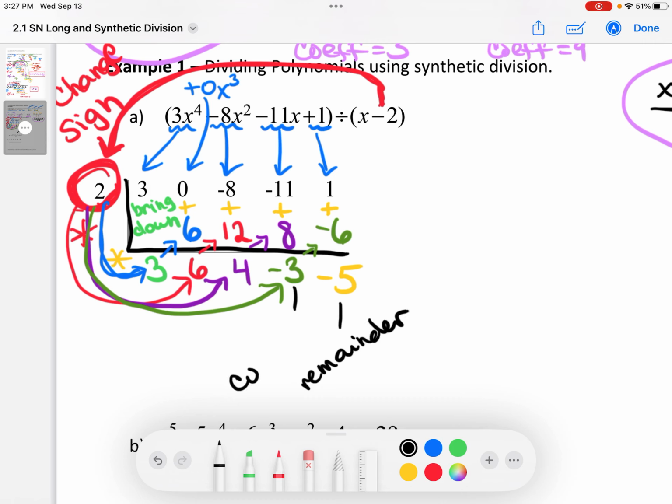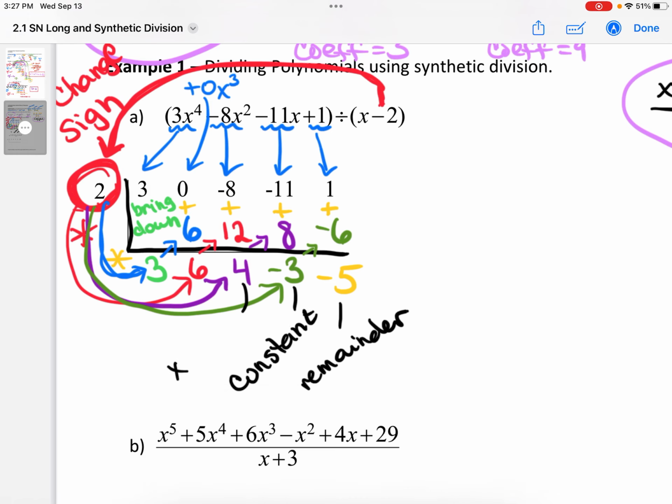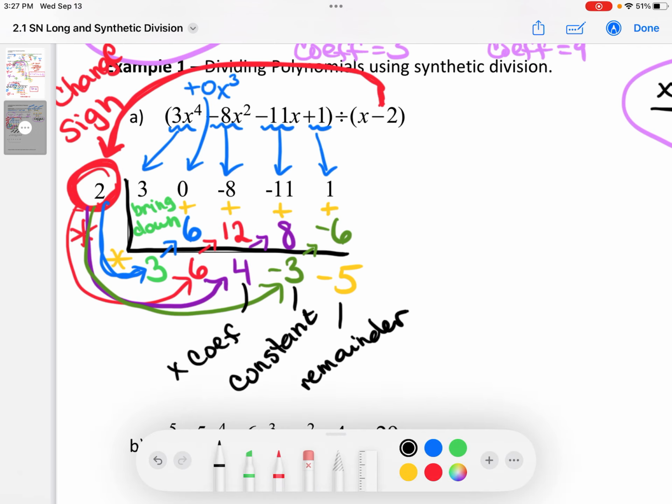The next number is always the constant, as in the number without a variable. The next one is the x coefficient, single power of x. The next would be an x squared coefficient, and the next would be an x to the third coefficient. If we had more numbers, we would keep going.